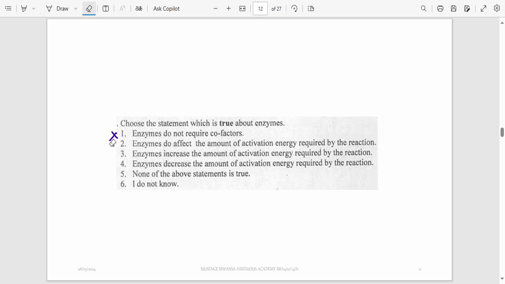Okay, good. So my reading was wrong. That's why I've seen people are picking it. Okay, this is true. Enzymes increase the amount of activation energy. Is that true? Okay, enzymes lower it, isn't it? So this one is not true. And then for enzymes decrease the amount of activation energy required by the reaction. Is that true?